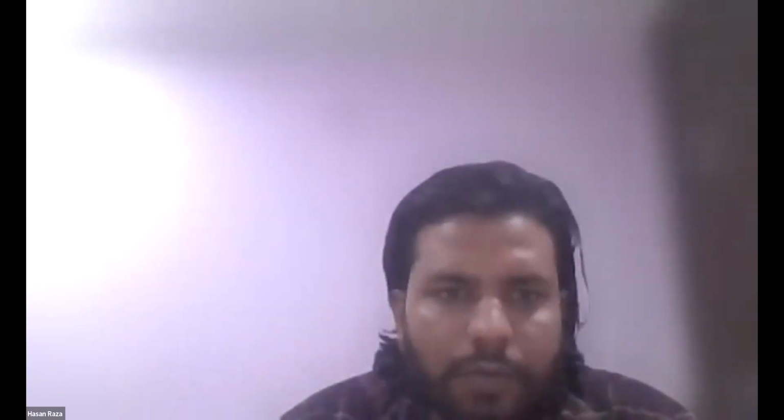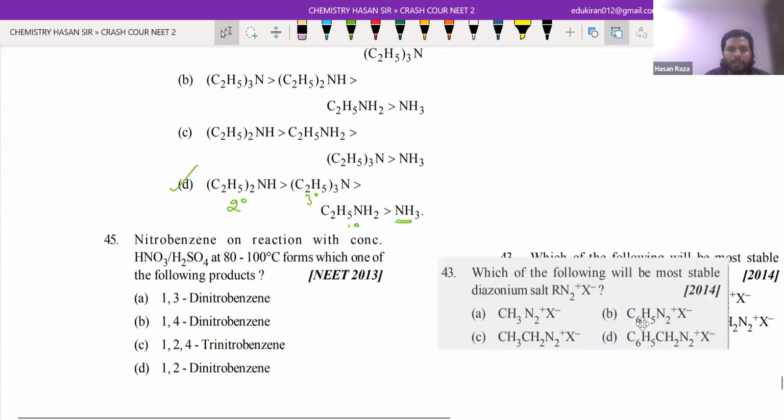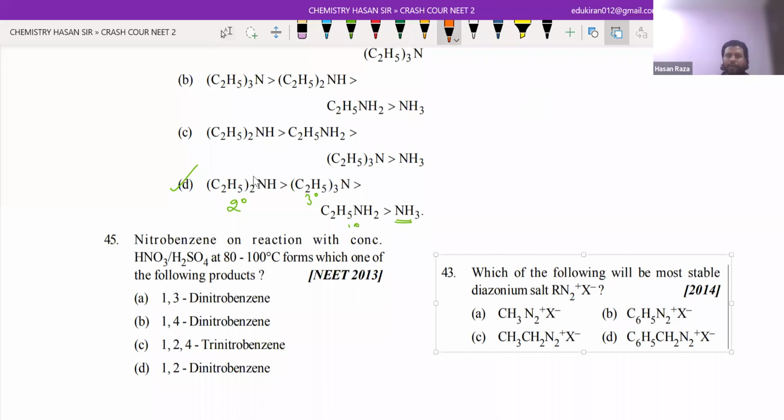Just wait a minute. It wasn't working. Any answer for the 45? Nitrobenzene on reaction with concentrated HNO3.